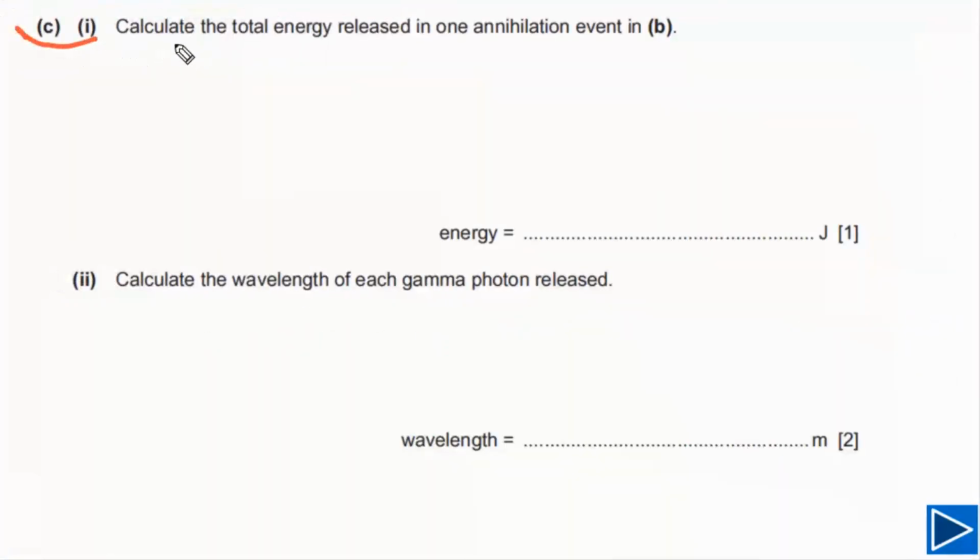For part C1, we need to calculate the total energy released in one annihilation event.